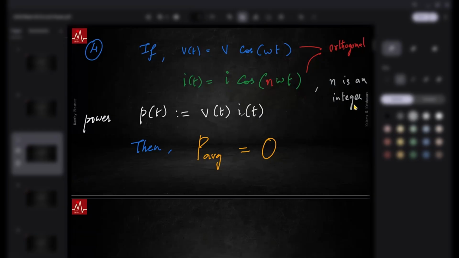Yeah, n is an integer. Shraddha, that's right, n is an integer not equal to 1. I technically should say that. That's correct. Only then will it be orthogonal. In that case, this becomes 0. Very good. See, notice.